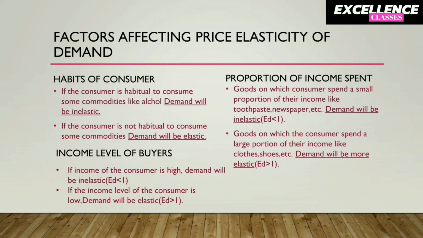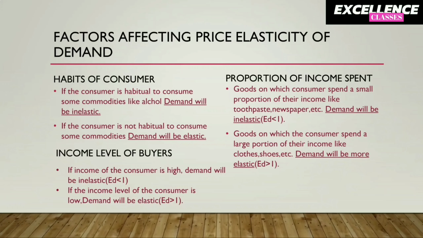Now the next factor is habit of consumer. If the consumer is habitual to consume some commodities like alcohol, demand will be inelastic. On the other hand, if the consumer is non-habitual to consume some commodities, demand will be elastic. Another factor is income level of buyers. If the income of the consumer is high, demand will be inelastic.